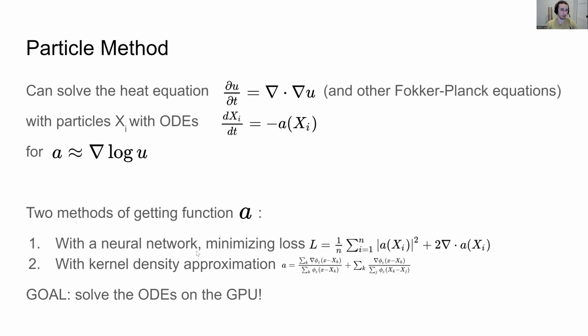There exists a library that supports neural networks and supports GPU programming, which we will see makes it quite easy. And this kind of sum I need to write custom kernels for, which is a little painful, but we will see how it plays out. The goal is to solve the system of ODEs with these two methods on the GPU and make it fast.